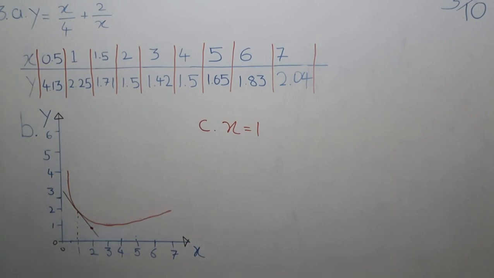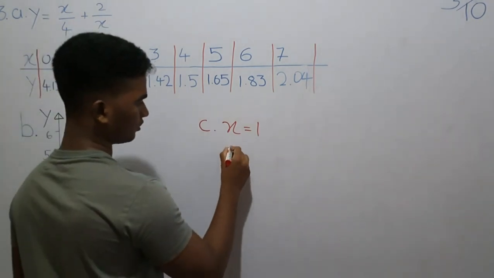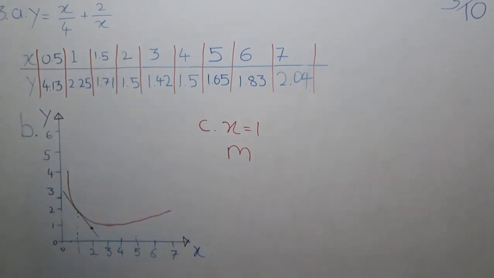What we should find is the gradient at x equals 1. So at this point it's 1.7 comma 1.1. That is the value I got. Your values can be different.